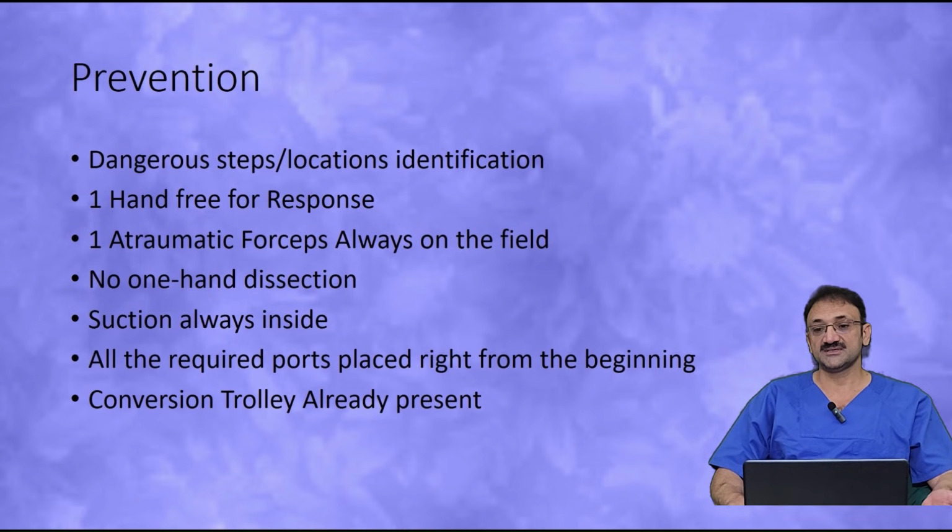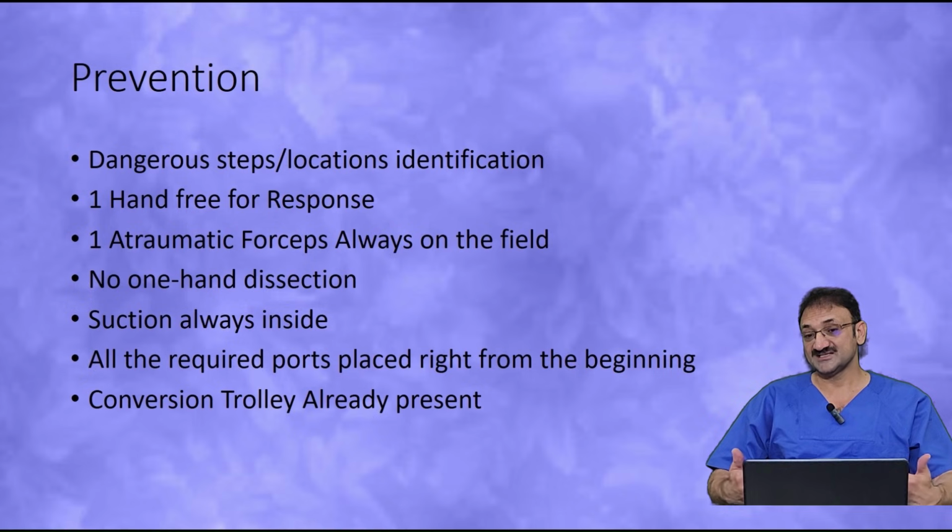Another important thing is the superior mesenteric artery. In case of left radical or simple nephrectomy, the mesenteric artery is going horizontally and crossing the anterior surface of the renal vein.